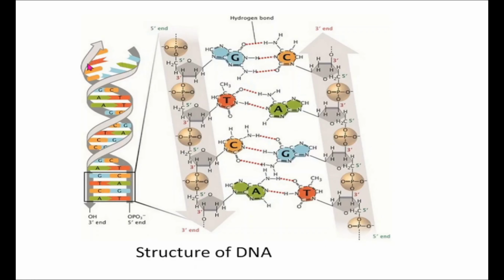Here, this is a double helix structure of DNA. One strand is moving from this direction to this one, from 5 prime to 3 prime. And the other strand from this direction to this direction, again 5 prime at this end to 3 prime at this end. Generally, the direction of the DNA is from 5 prime to 3 prime.